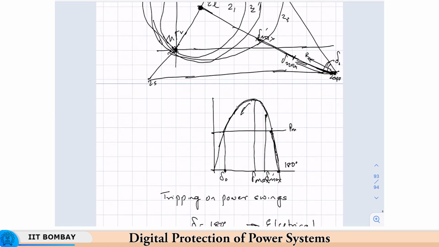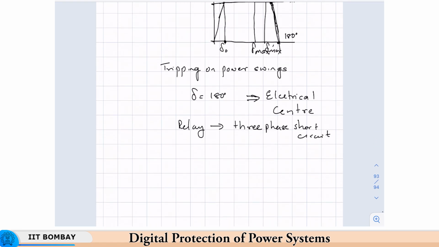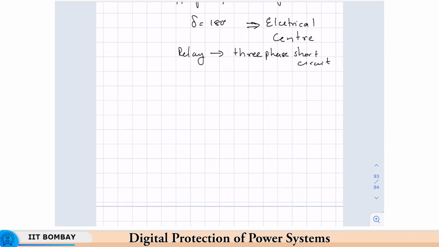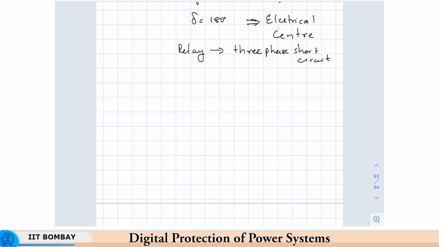So, why is it known as the electrical center? We will see that first, and then we will look at other issues of how to block the power swings, is it necessary to block the power swings, etc.